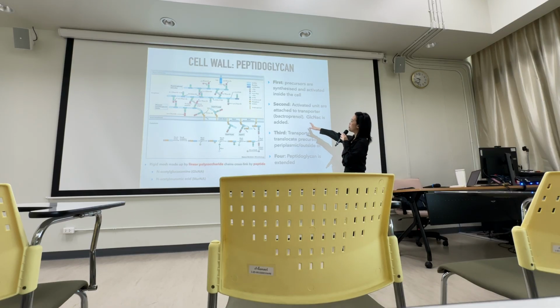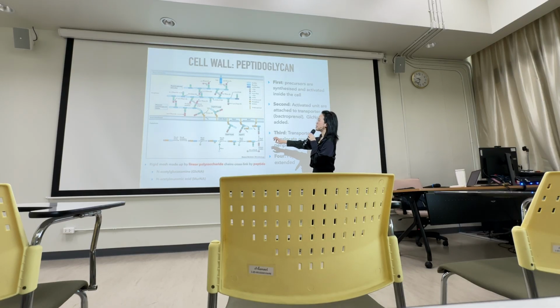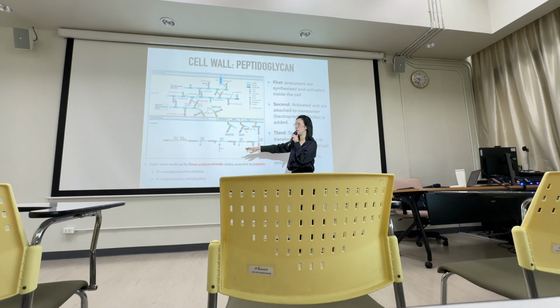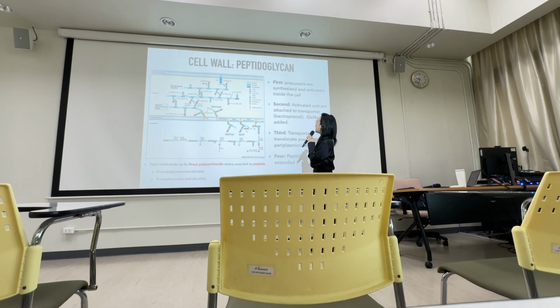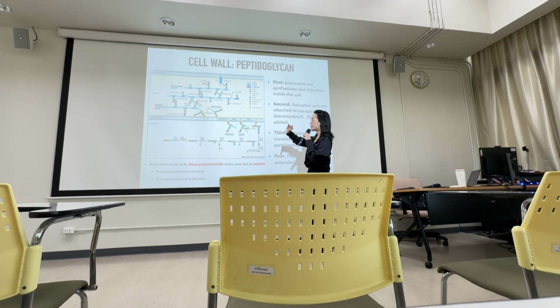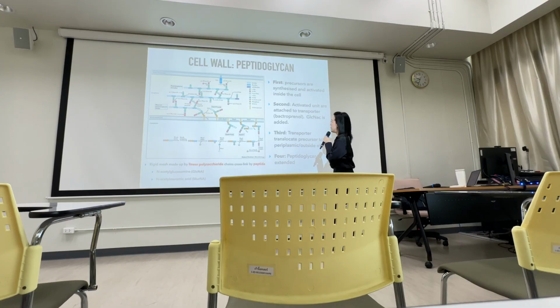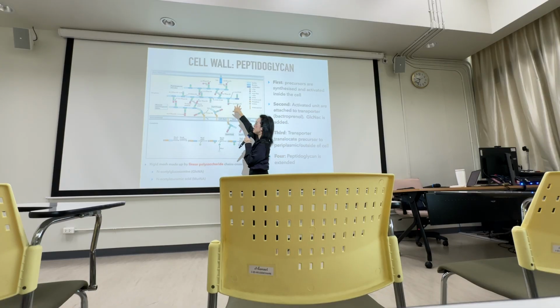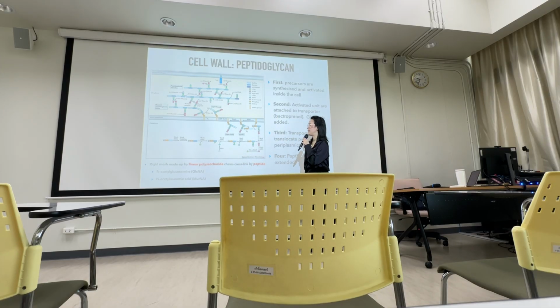The first part of peptidoglycan production starts inside the cytoplasm of the cell. After that, the precursors are transferred out to the area outside the cell membrane, and then they link to each other to form the network of peptidoglycan.